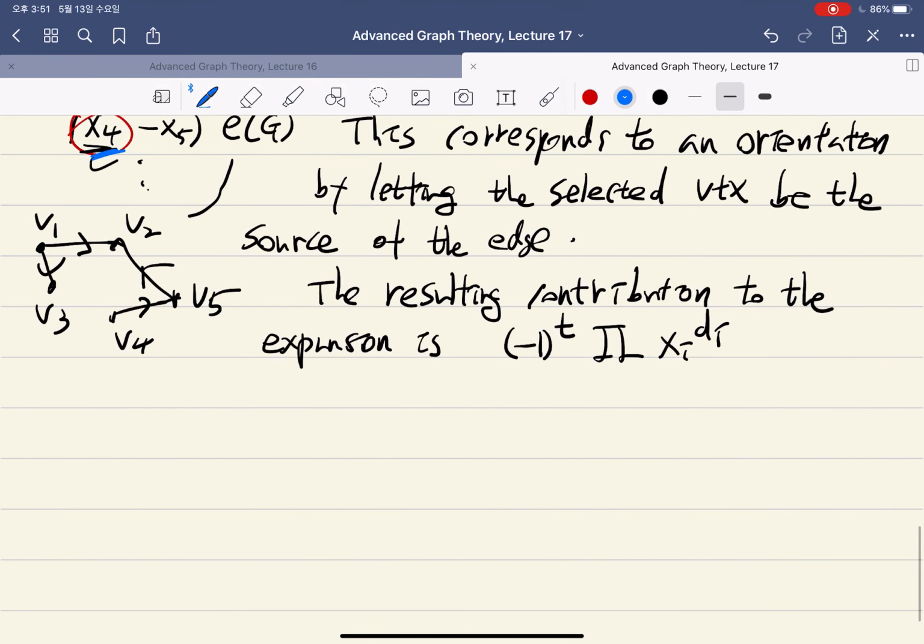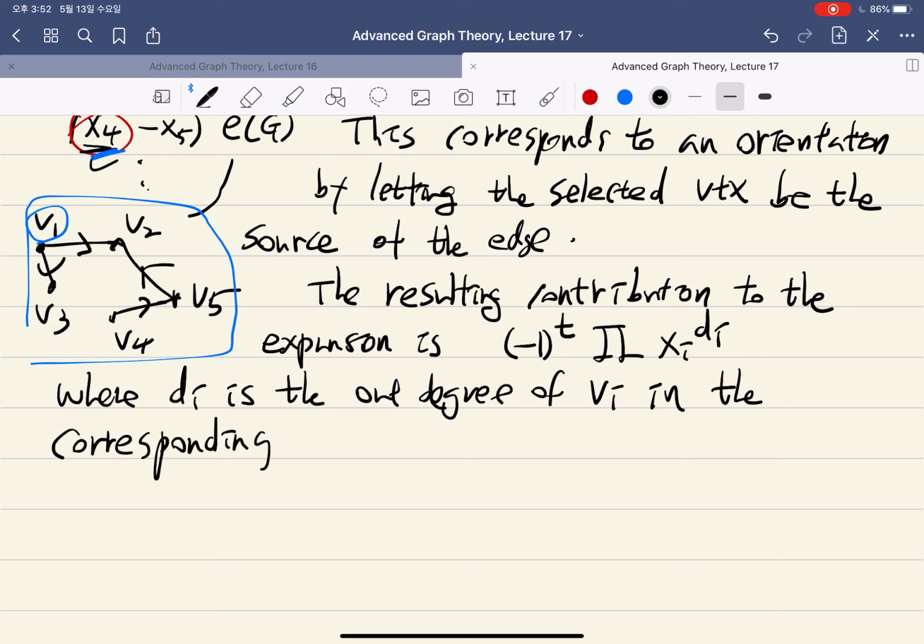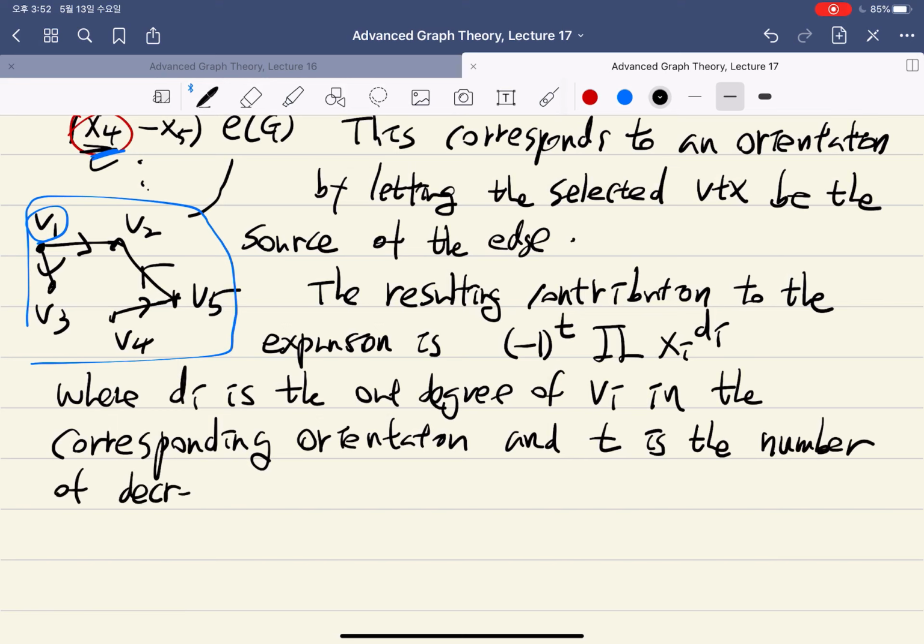That means in this orientation, V1 has out degree t1, and V2 has out degree t2, and so on. Here ti is the out degree of vi in the corresponding orientation, and t is the number of decreasing edges.